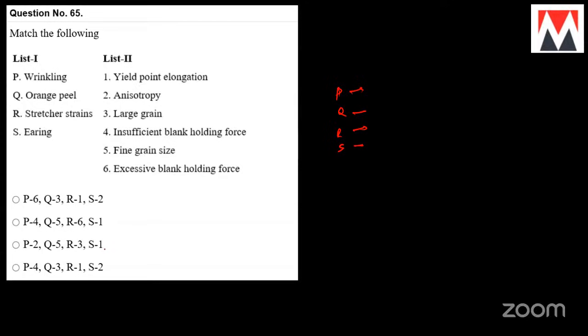Orange peel effect is due to large grain size. Wrinkling is due to insufficient blank holding force. Orange peel is due to large grain size. Luders strain is for yield point elongation. Earring is due to anisotropy. So it is 4312.